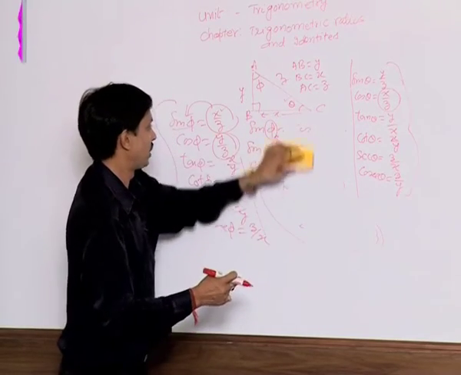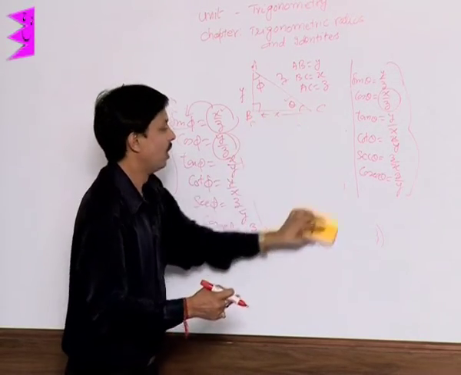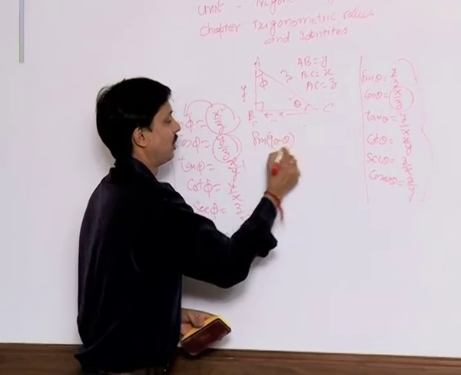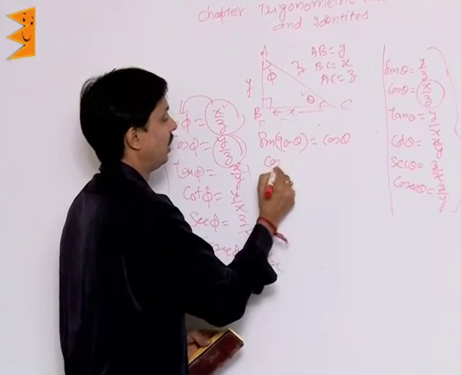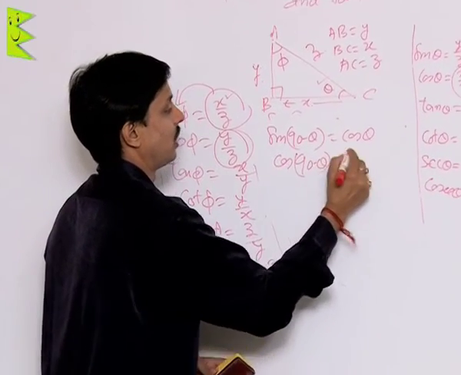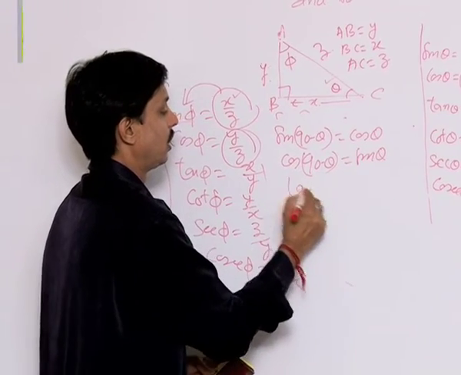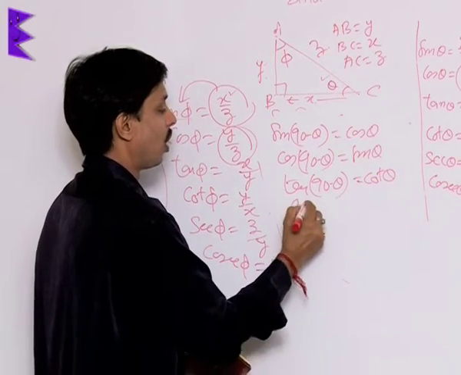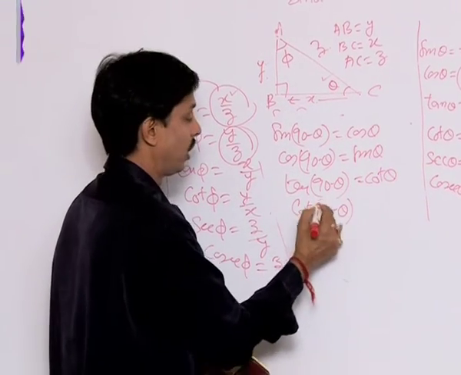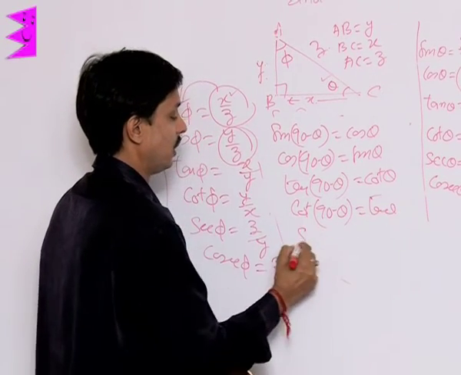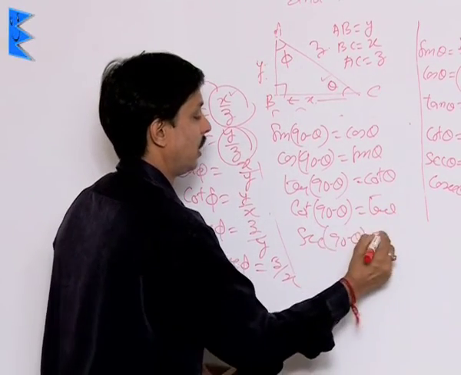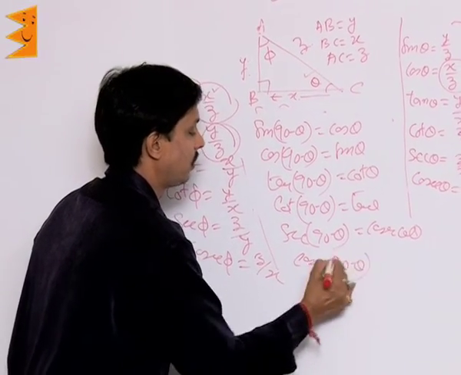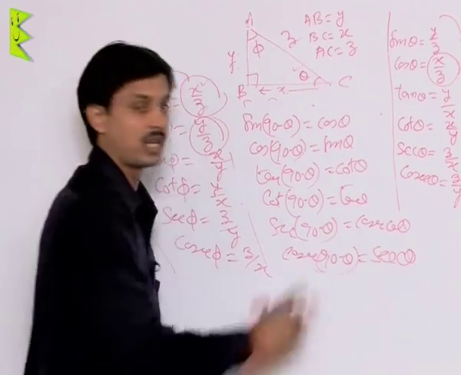Here I am writing all the formulae of the complementary relation: sin 90 minus theta is cos theta, cos 90 minus theta is sin theta, tan 90 minus theta is cot theta, cot 90 minus theta is tan theta, sec 90 minus theta is cosec theta, whereas cosec 90 minus theta is sec theta.